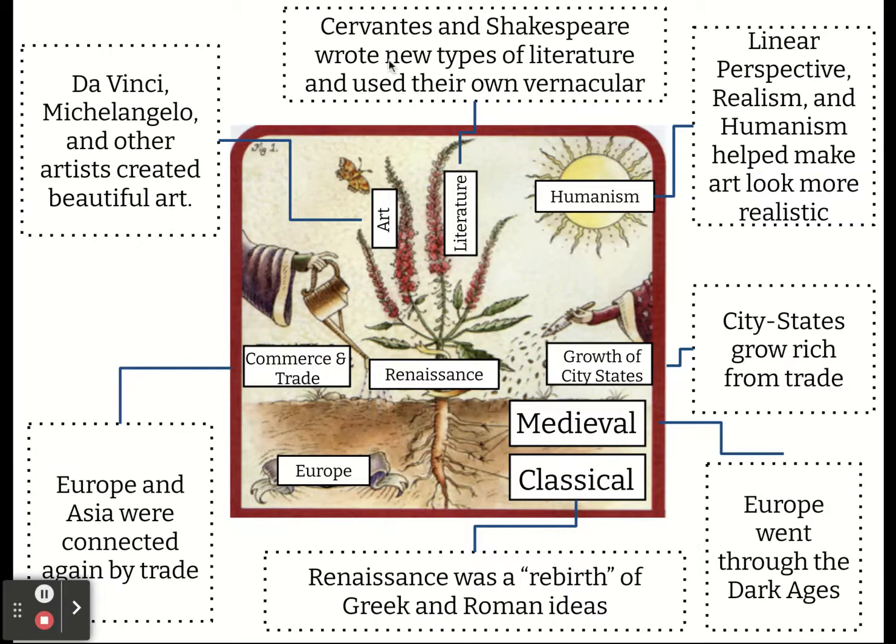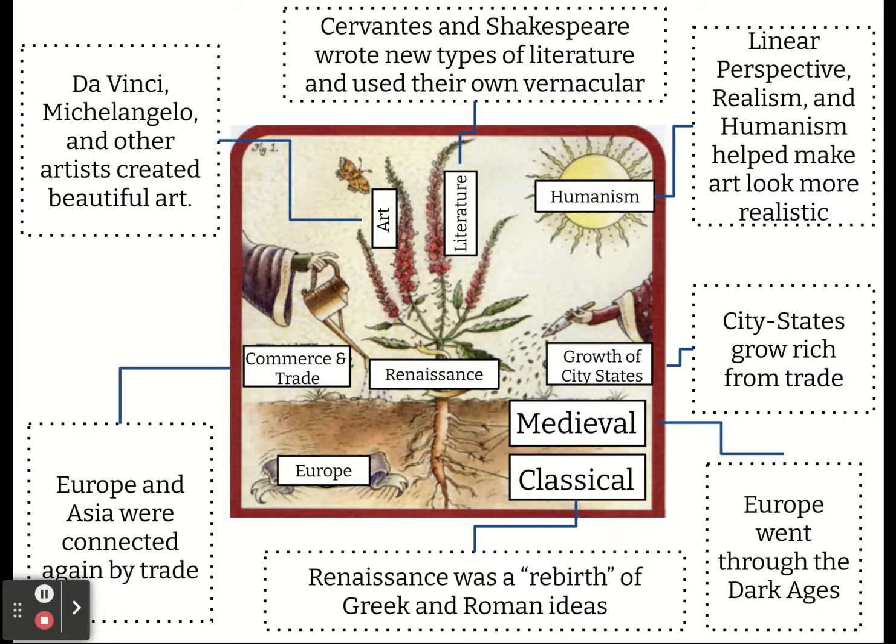The literature part, I don't know if we talked about Cervantes this year. He is one of the people in the Renaissance Ball, though, so maybe we'll see more from him. But we definitely talked about Shakespeare writing new types of literature and using new words in their own vernacular. New things in art and literature were part of the plant that is flowering or flourishing or growing towards the sun of humanism.